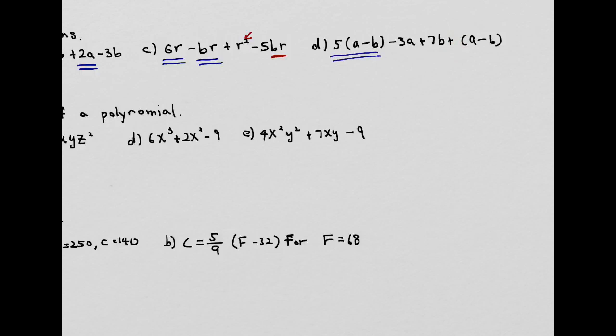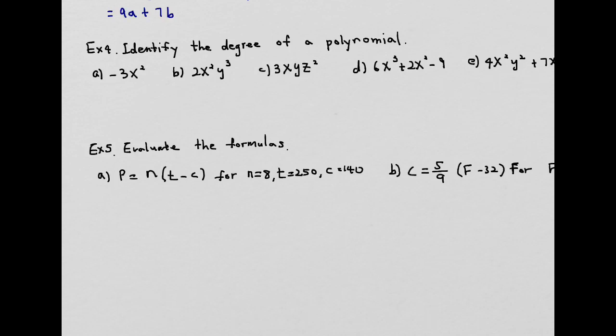So this and that are like terms. And you have a and b, that's not like terms, and a is not even a like term with a minus b. B is not a like term with a minus b. So these two are just the like terms.